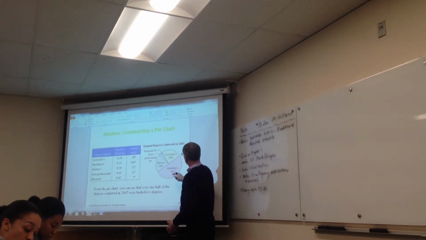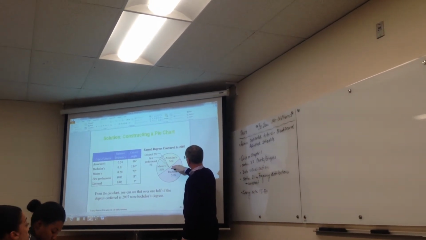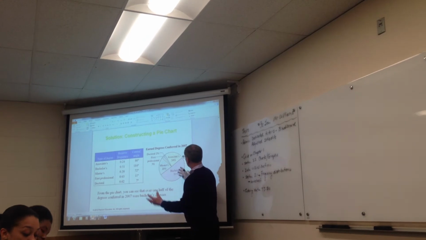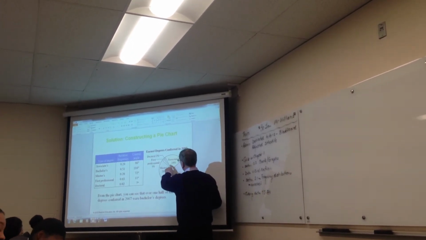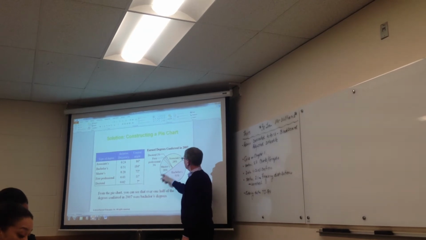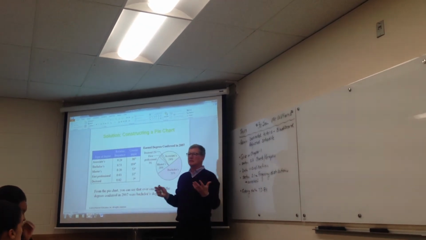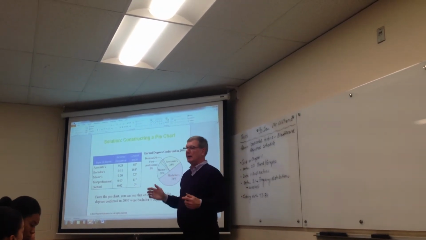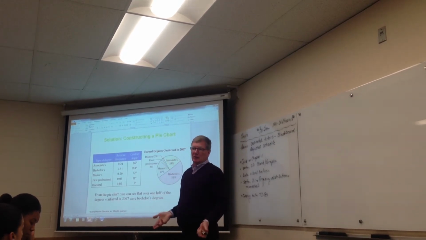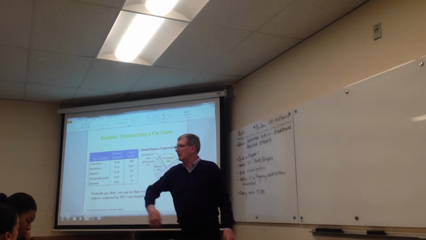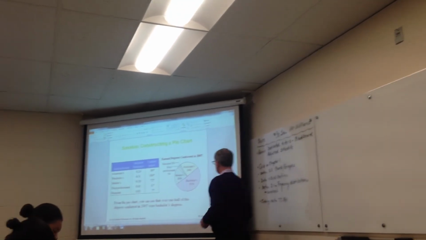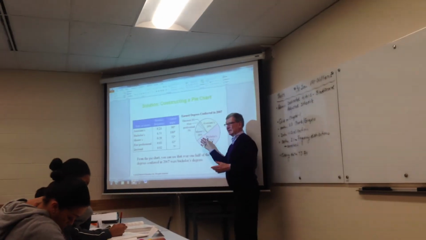So if the associate's degree accounts for 24% of all of the degrees, how big is that angle? How do we figure that out? Well, it's 86 degrees. Why is it 86 degrees? There's 360 degrees in a circle, and I take 24% of those 360 degrees, and I make that angle. But nobody does this anymore.